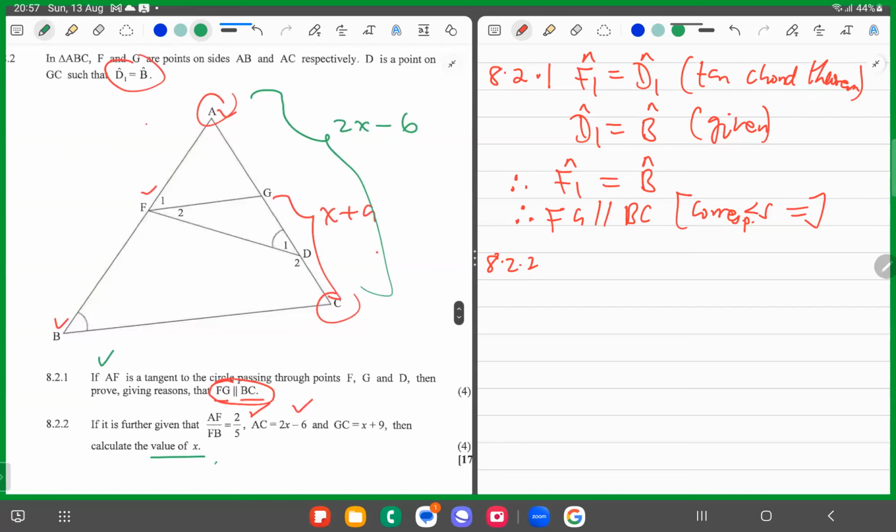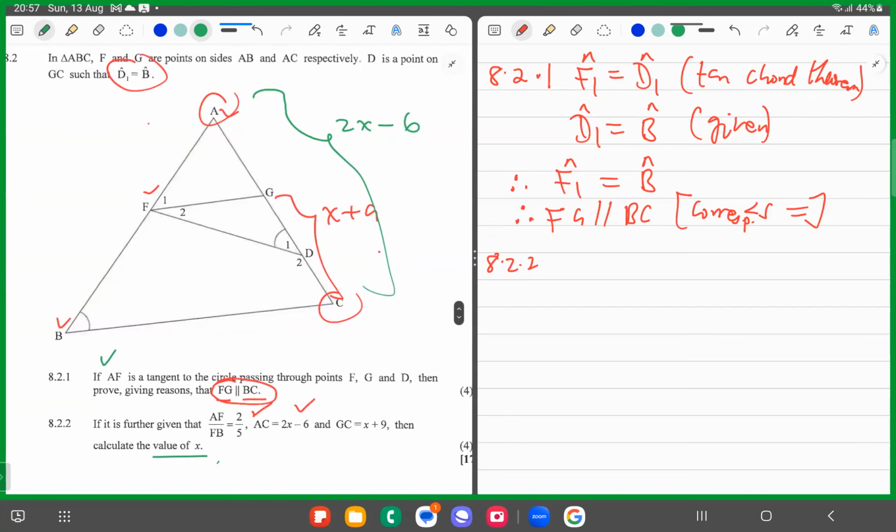This is a very easy question. So we can start like this.